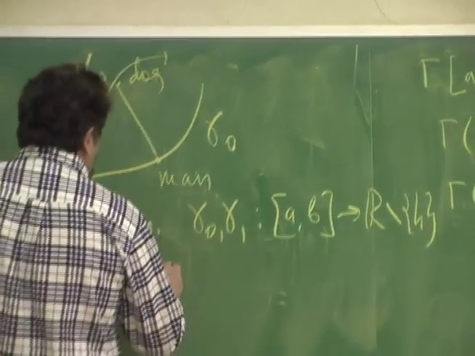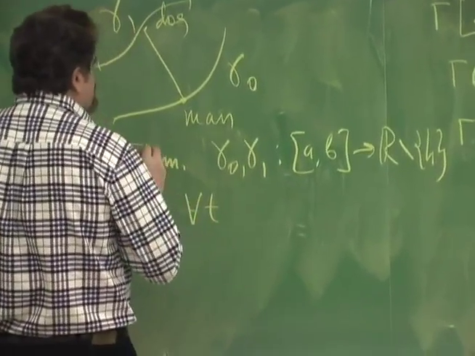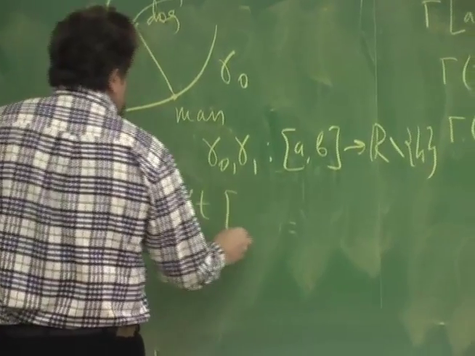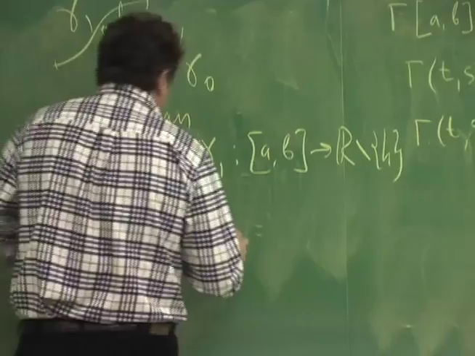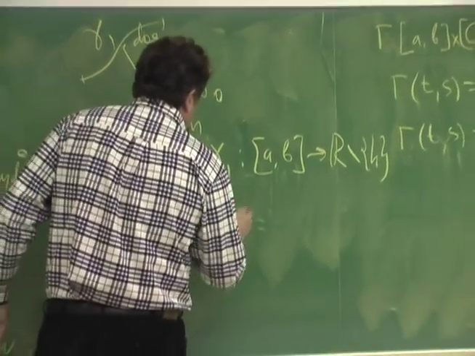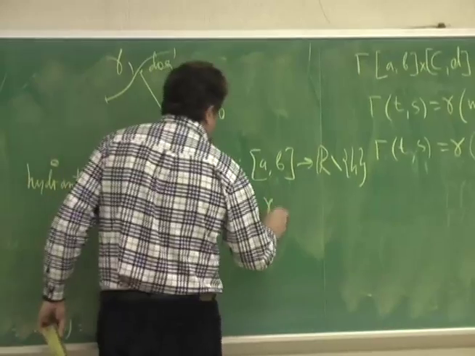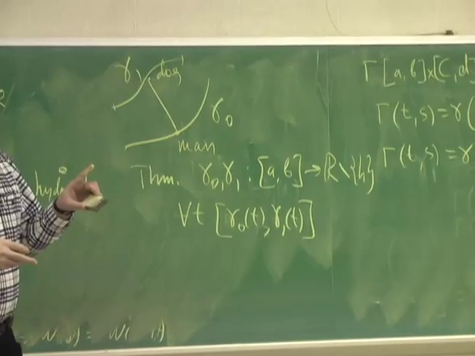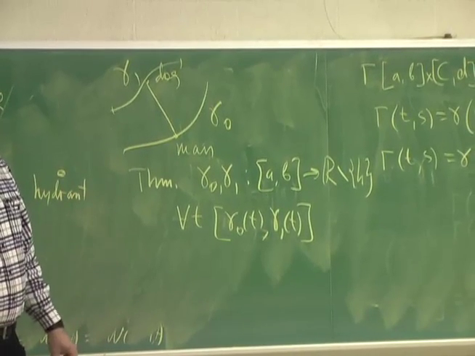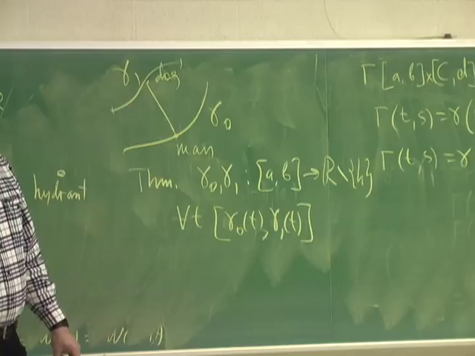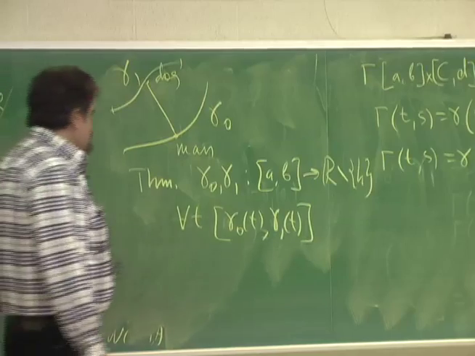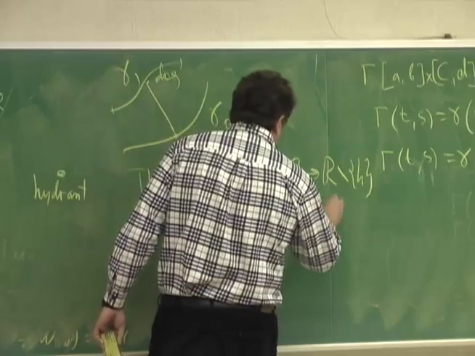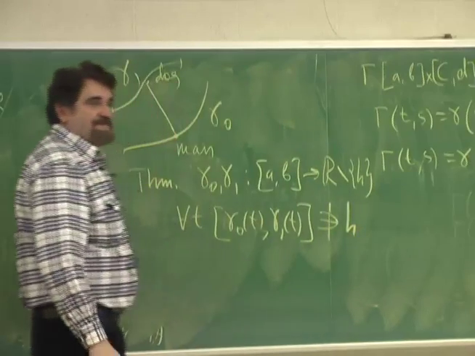And assume that for any moment t, gamma naught of t, gamma 1 of t, this denotes the straight line segment joining the position of the man and the dog at the moment t, does not include the hydrant.